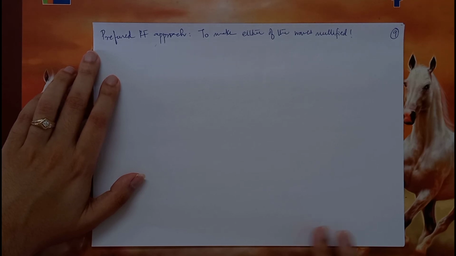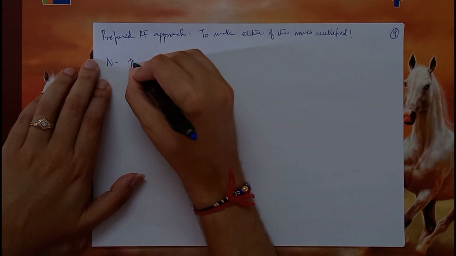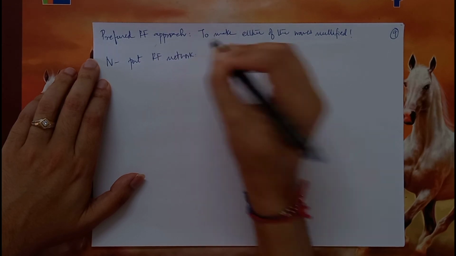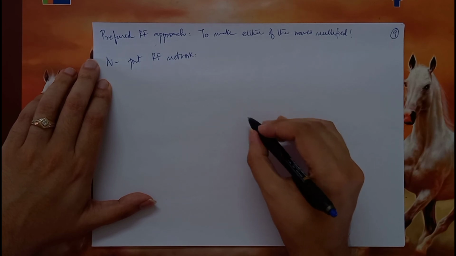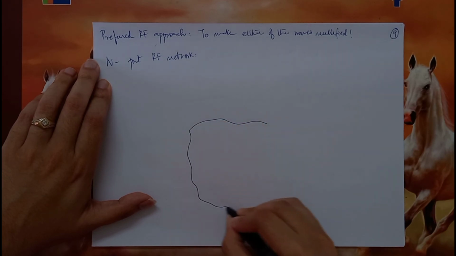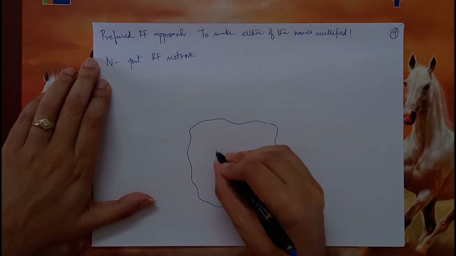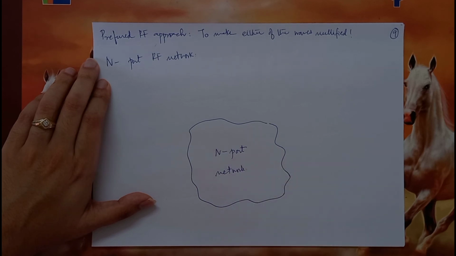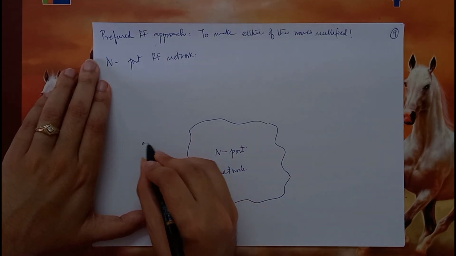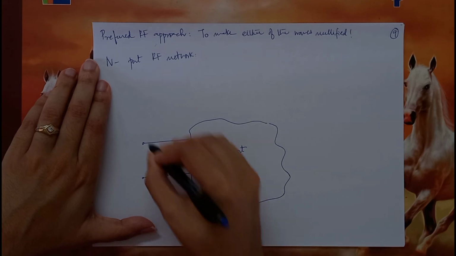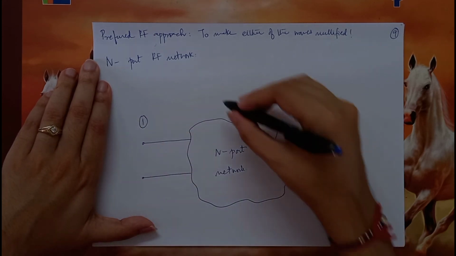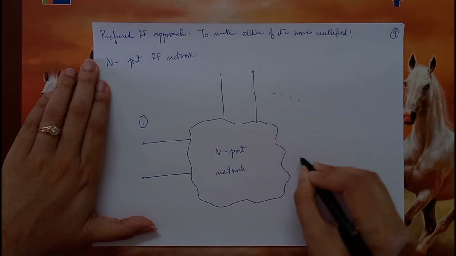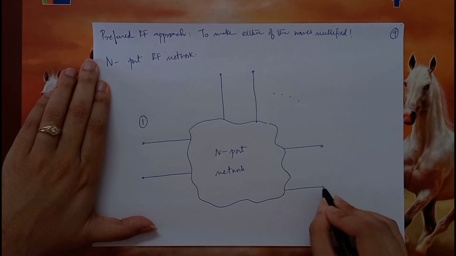So let us now define an N-port RF network, because in general, any network can have n number of ports. Let us say I have port 1 over here, somewhere here I have port 2, and so on until I have port n somewhere over here.